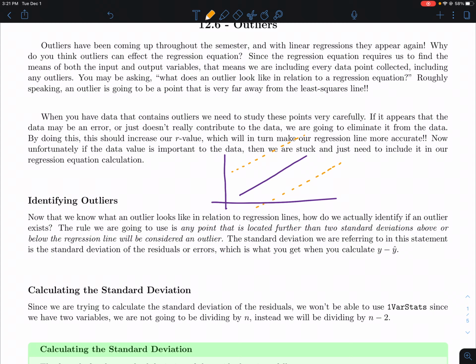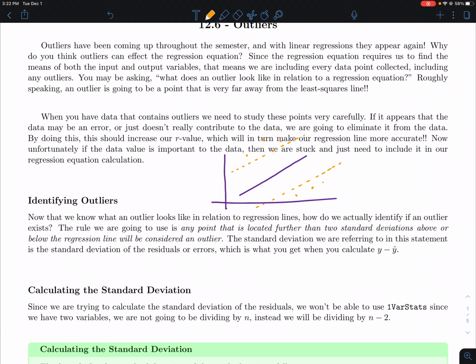And what we're looking for is whether there are points that live outside of these dotted lines. Any points that live outside of those dotted lines are going to be our outliers, and those are the ones we have to deal with. If we're lucky and all of our points live in between those two dotted lines, then that's perfect. There are no outliers in our data.